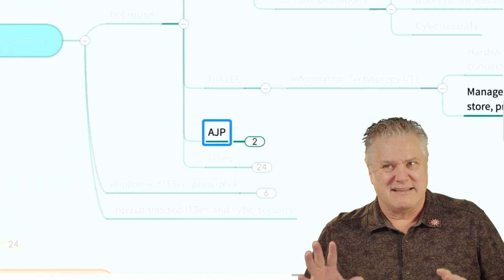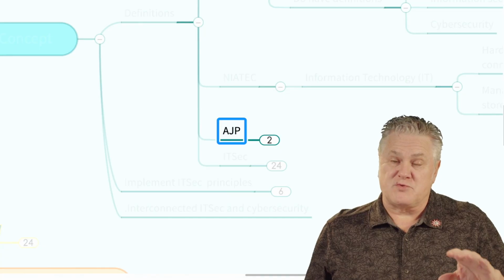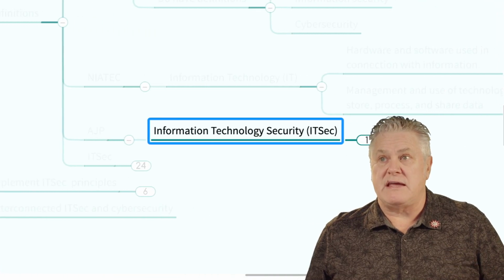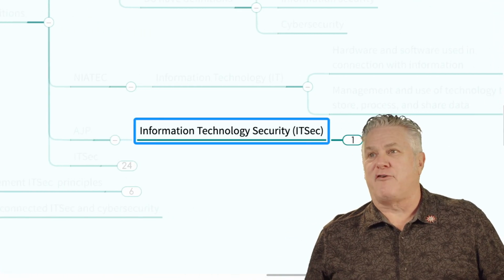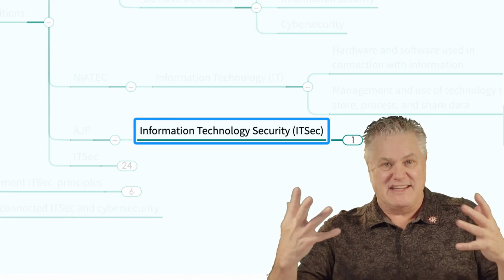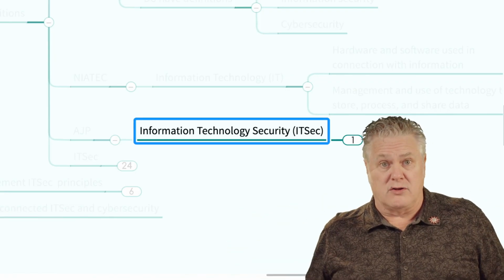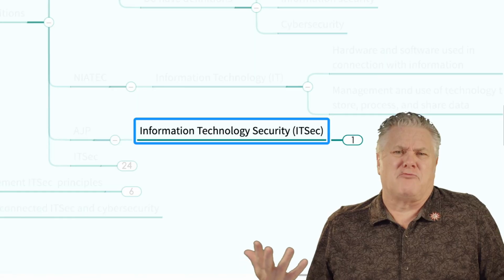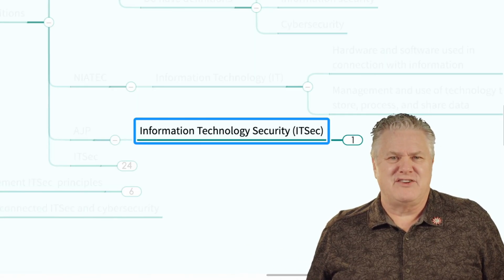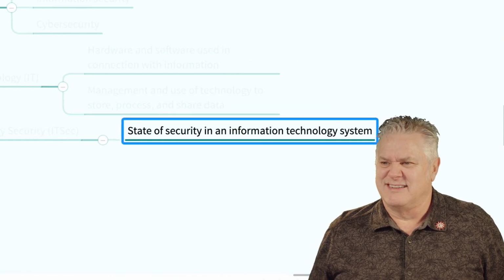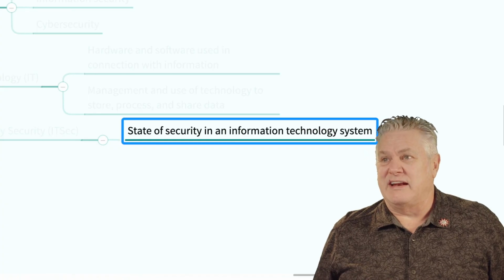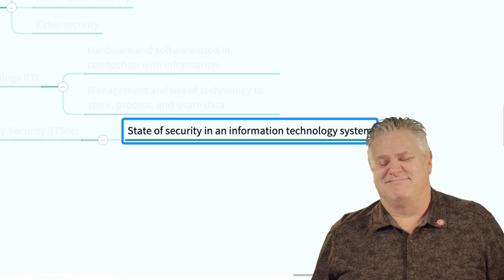There's this other resource, which I put in the links, which is AJP, and they have a definition for information technology security, ITSEC, which is what I've known all along. We never really called it that. The definition is: state of security in an information technology system.